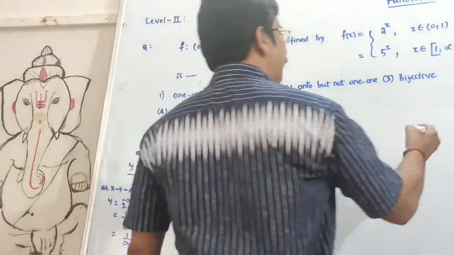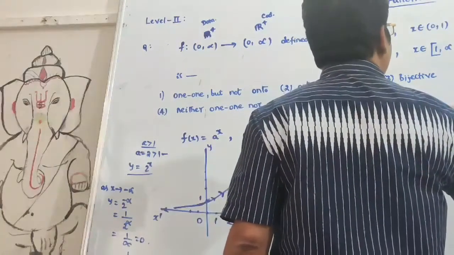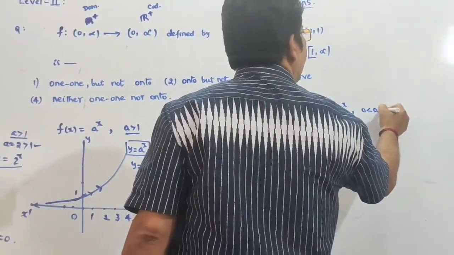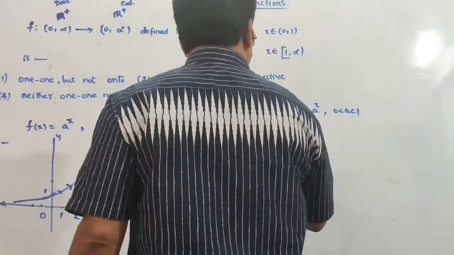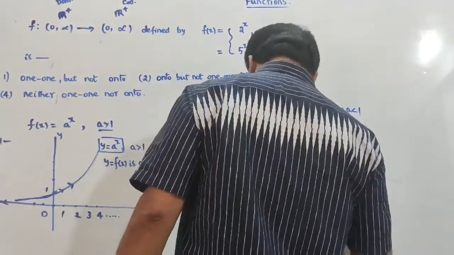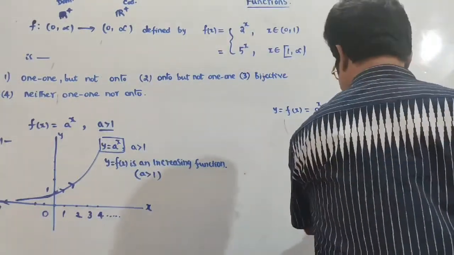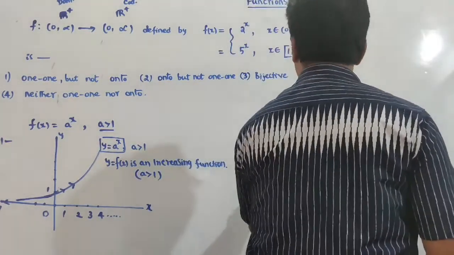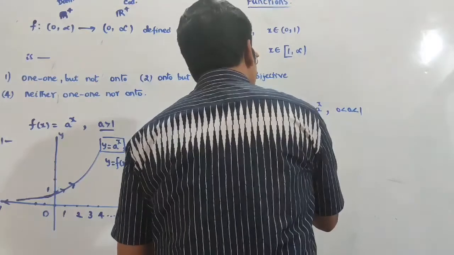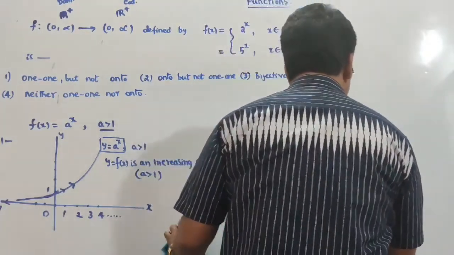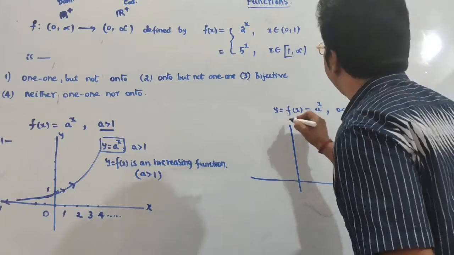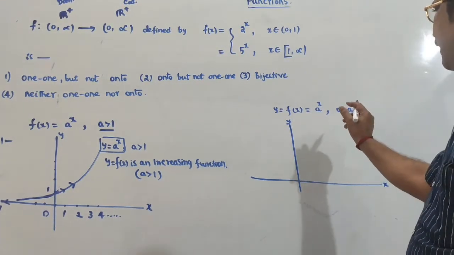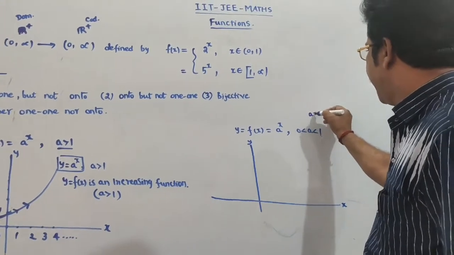Next, y equal to f of x, that is equal to a power x, second case, 0 less than a less than 1. So let us draw the graph, the x-axis and y-axis. For plotting the points, I am taking a value less than 1, a equal to 1 by 2.